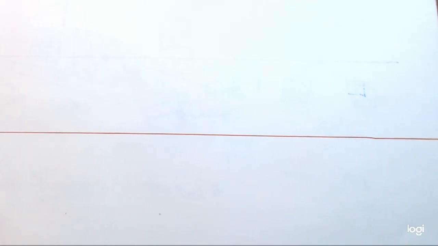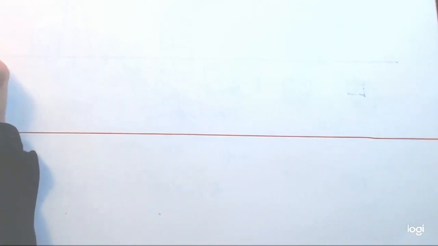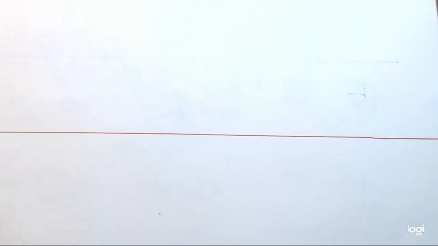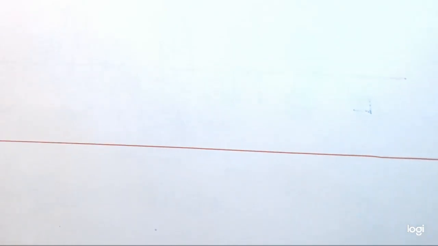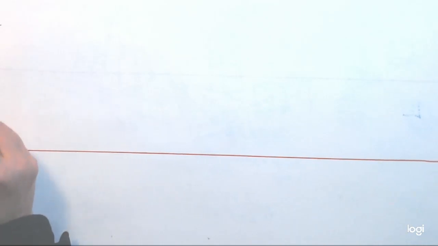I'm going to draw that a little lower. If you think about the fact that in 1-point perspective, all objects have 3 dimensions. Let me move this out a little bit so you can see what I'm seeing here.